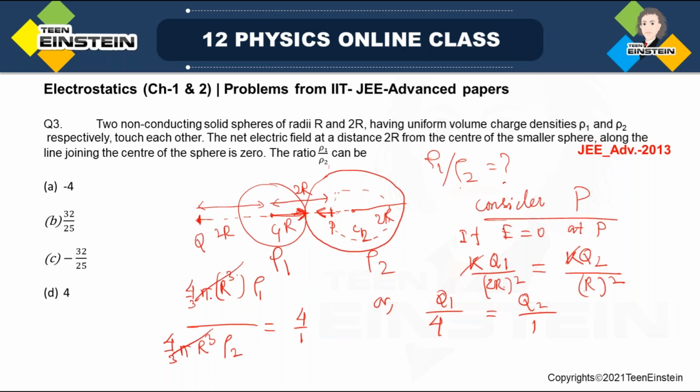So this cancels, and rho 1 by rho 2 will be 4. So this option D is correct. If the electric field is 0 at P, then rho 1 by rho 2 will be 4. That is correct. So option D is correct.